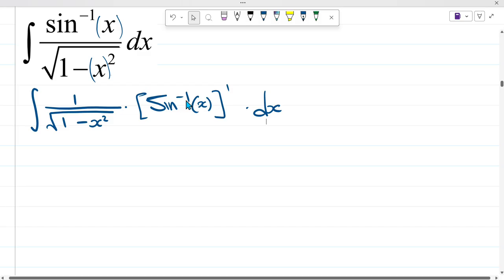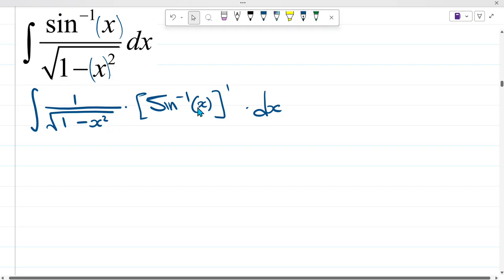This thing, if I let it be my f of x, then this could be f prime of x, because I remember that whenever I'm differentiating the sine inverse of x, I should have the derivative of the argument on my numerator, and then square root of 1 minus this argument squared. So in this case, since the argument is x, then it's going to be x squared, and then that's it.